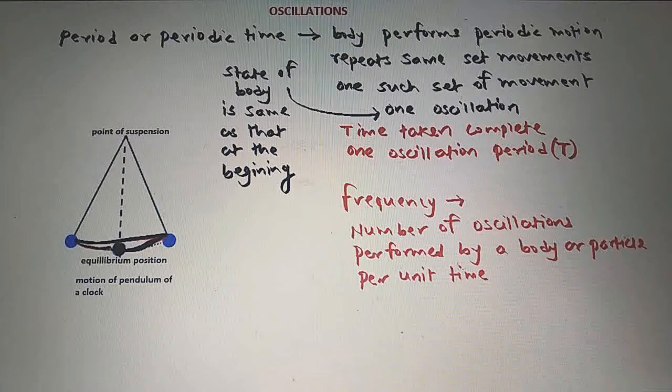The number of oscillations performed by a body or a particle per unit time is called the frequency of the periodic motion. This frequency is denoted by small n, and this frequency is always the reciprocal of period or periodic time. So we can write the frequency n is equal to 1 divided by the period or periodic time.